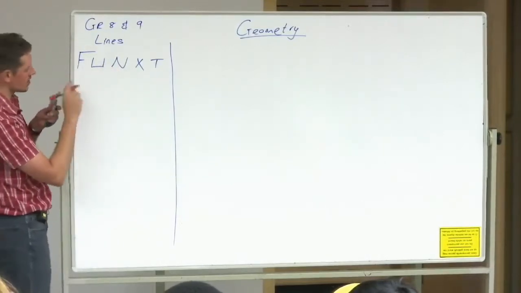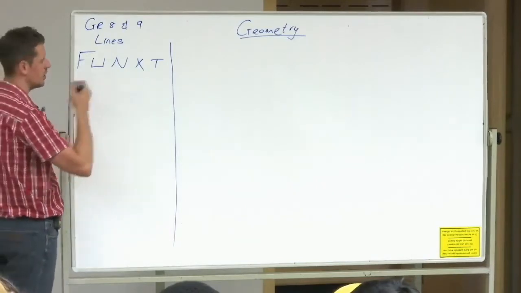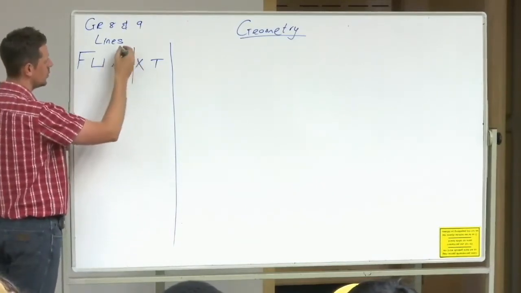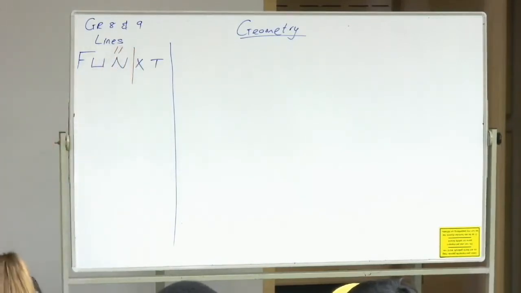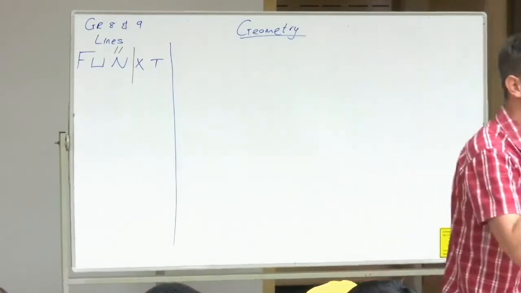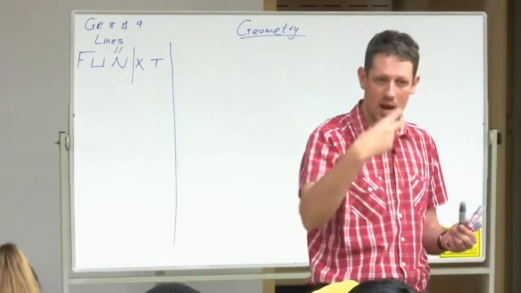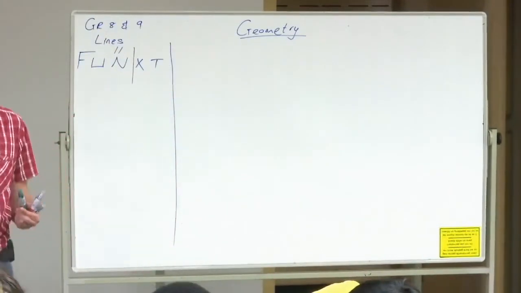Now, ladies and gents, please remember, these have to do with parallel lines. So if you, for instance, say alternate angles, you have to specify which lines are parallel to each other. Secondly, if you want to prove parallel lines, there's only 3 ways.